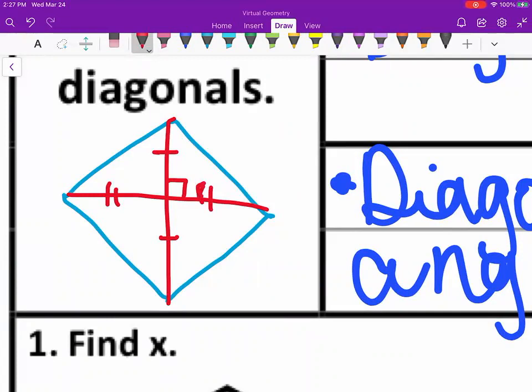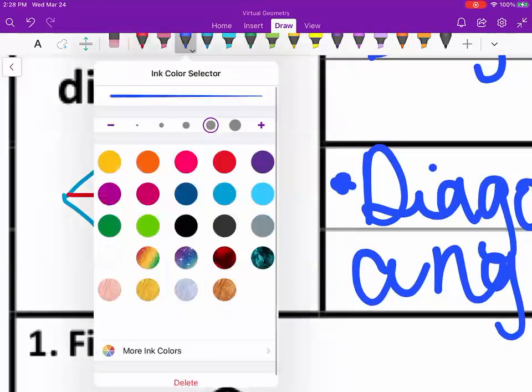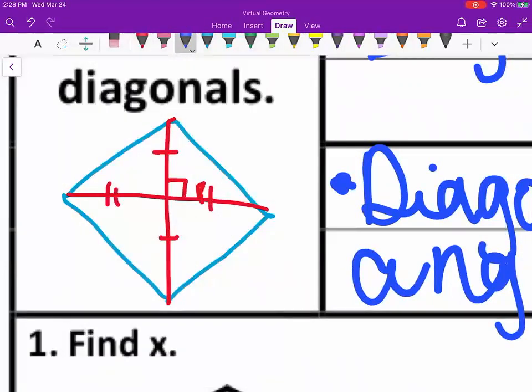And the other thing is the diagonals here will bisect the opposite angles. So the opposite angles from the parallelogram that would be congruent are split in half by the diagonals. So all of those little angle pieces are going to be congruent.